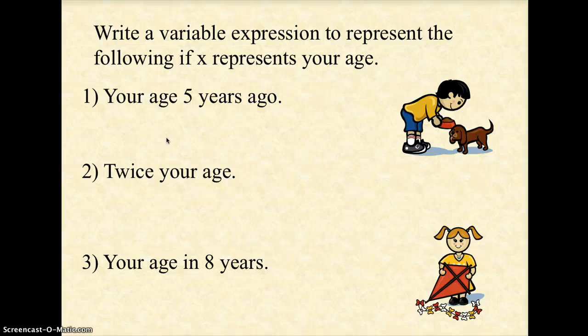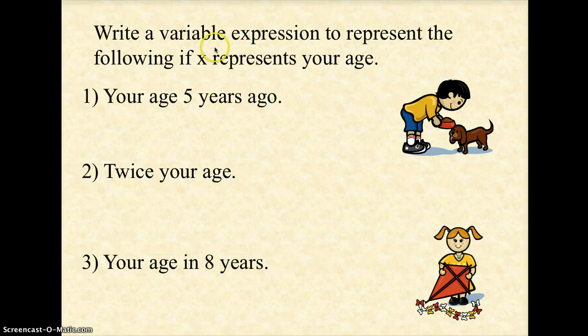In our instruction, it says write a variable expression to represent the following if x represents your age. When you see the word variable, I want you to listen carefully, it means that you're going to represent it by a letter.